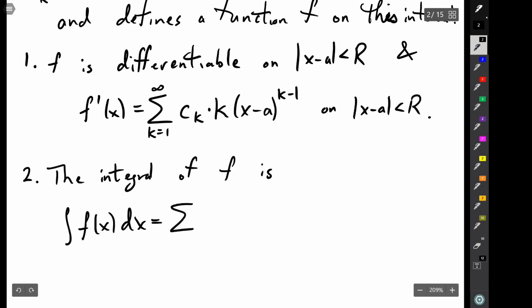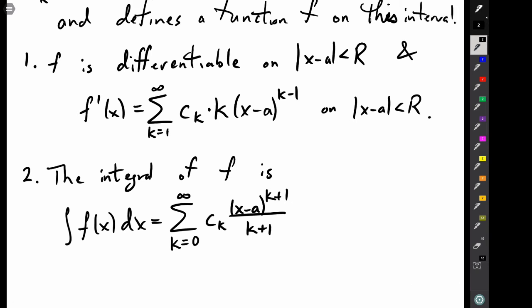As you might expect, we just integrate each term of the series. Now here, because the constant term isn't going to go away, we can keep this starting at 0. And what are we going to get? Well, it's just going to be c_k (x minus a)^(k+1) over k plus 1. So just like with differentiation, where we can do it term by term, when we integrate, we can also do that term by term.